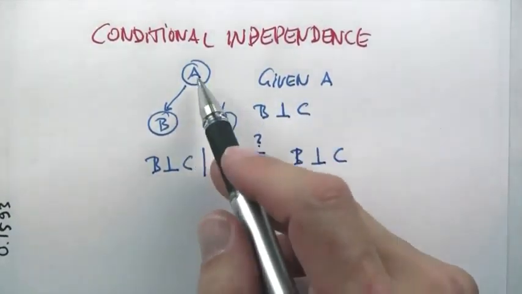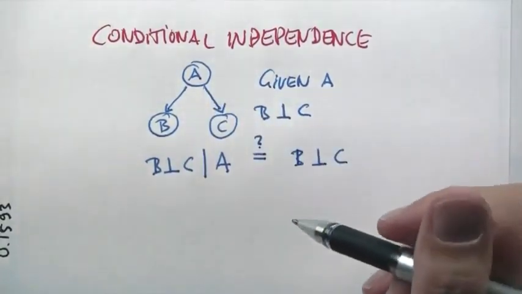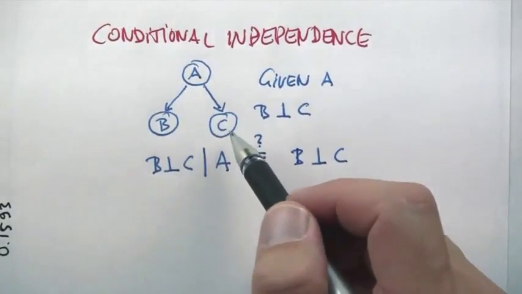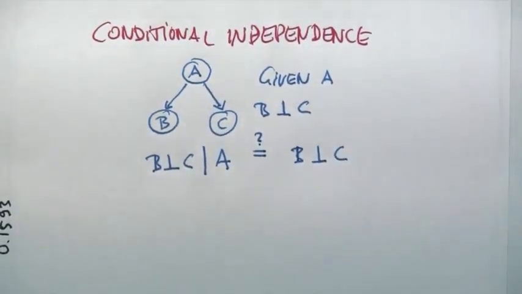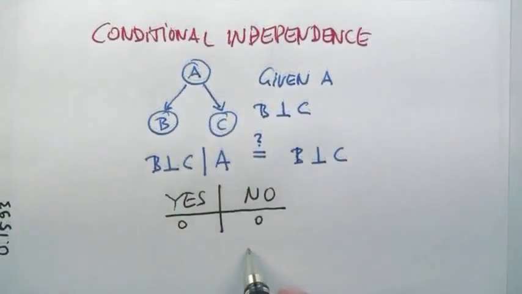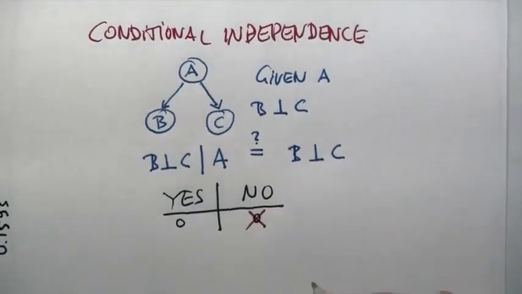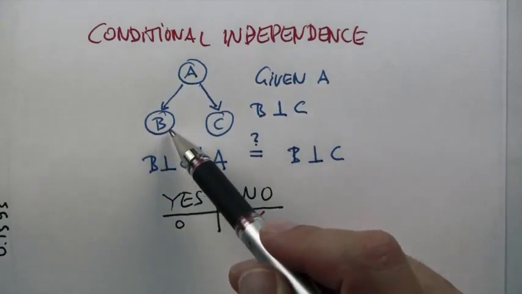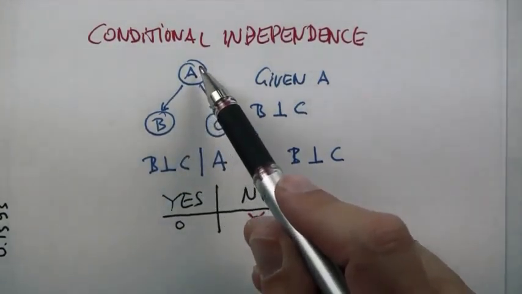So suppose we don't know A, we don't know whether we have cancer, for example. Would that mean that the test results individually are still independent of each other, even if we don't know about the cancer situation? Please answer yes or no. And the correct answer is no. Intuitively, getting a positive test result about cancer gives us information about whether we have cancer or not.